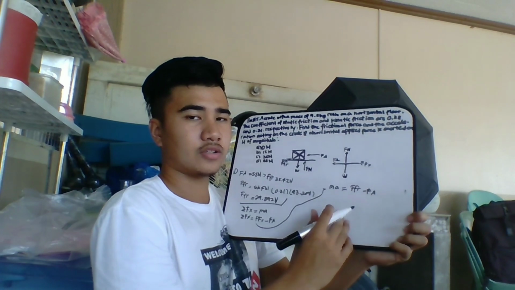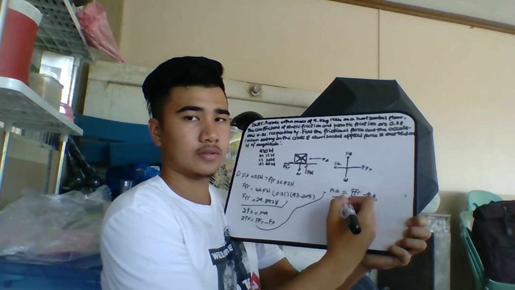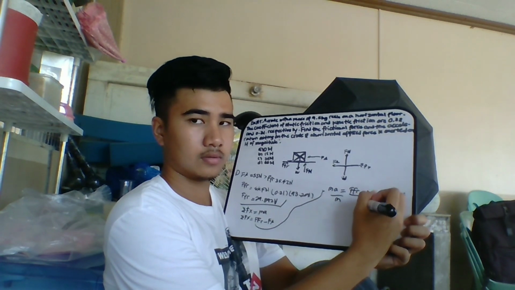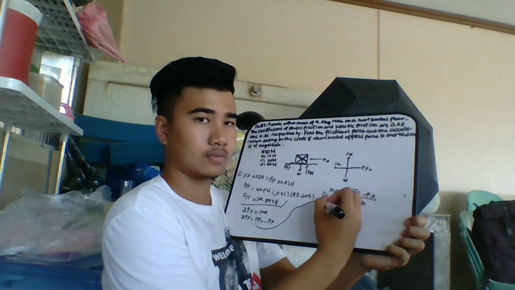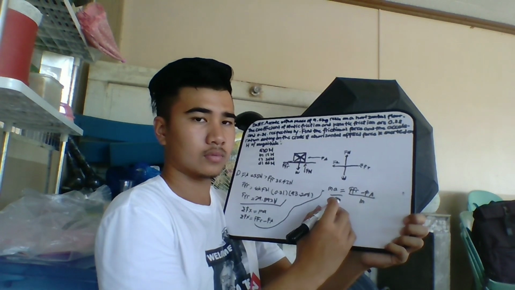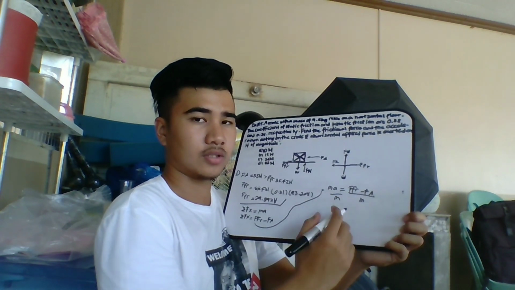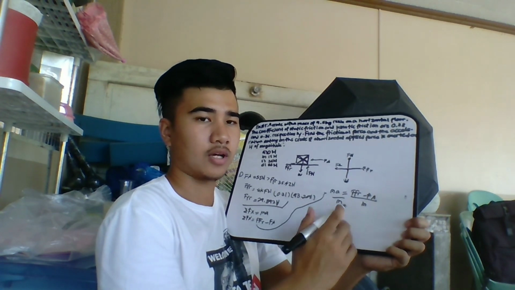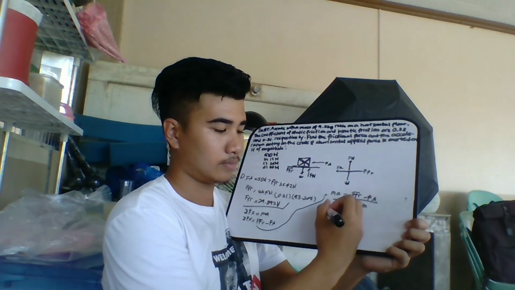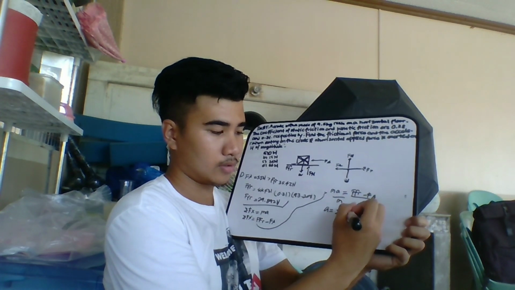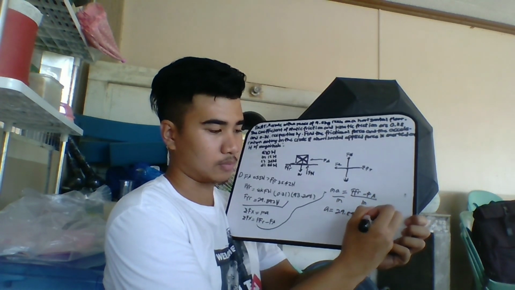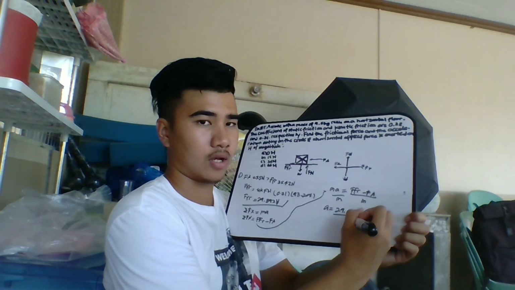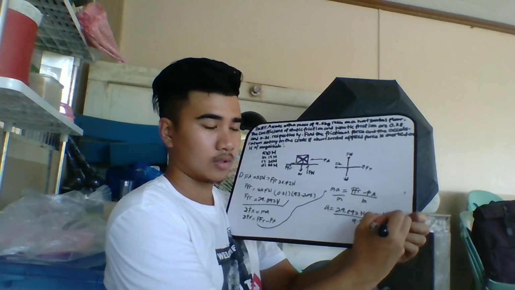Solving for the acceleration, we divide both sides by the mass. Acceleration is equal to force of friction natin is 29.892 Newton minus the force applied, we have 55 Newton, over 9.5 kilograms.